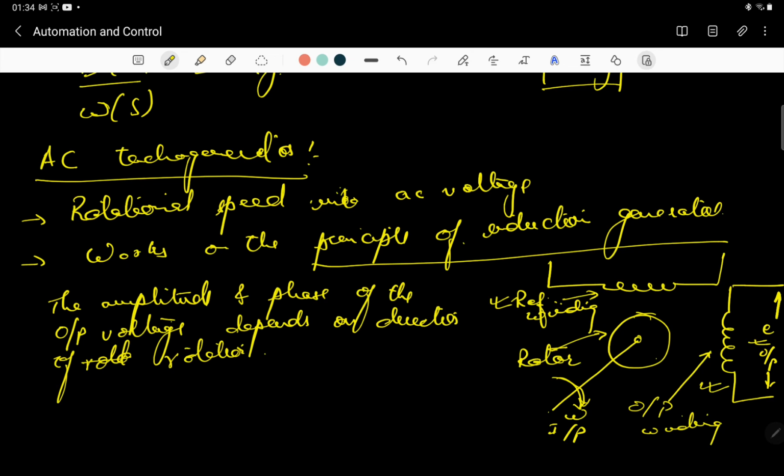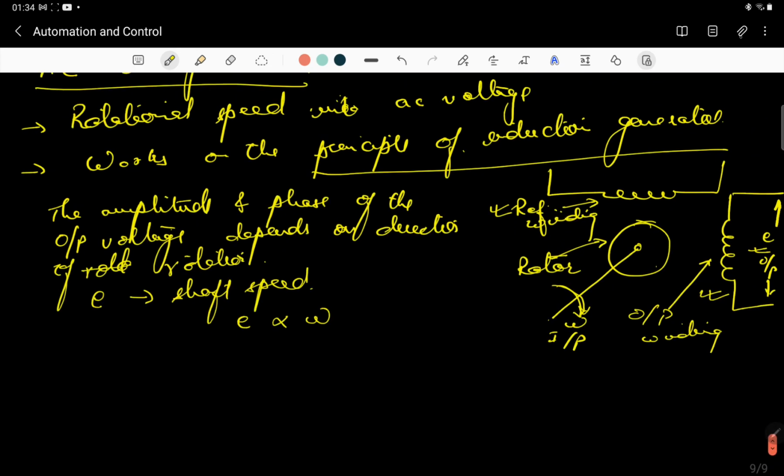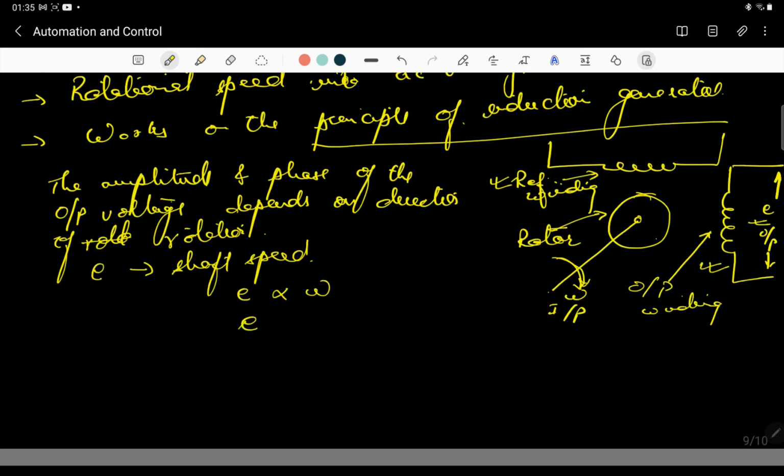So we can see that the output voltage E is related to the shaft speed. We can write in a very simple manner, E is directly proportional to omega, so E equals K_TG times omega, where K_TG is simply the constant.